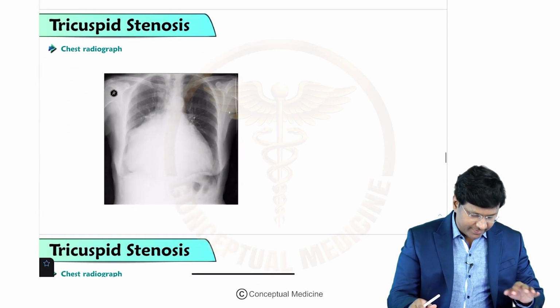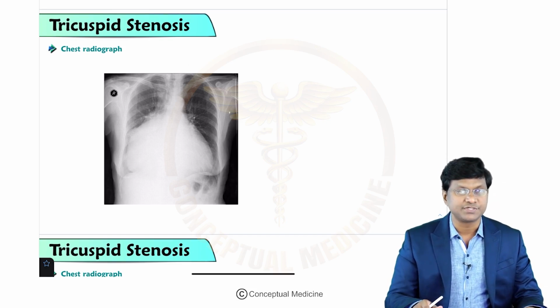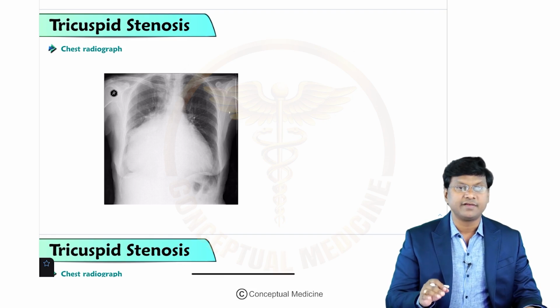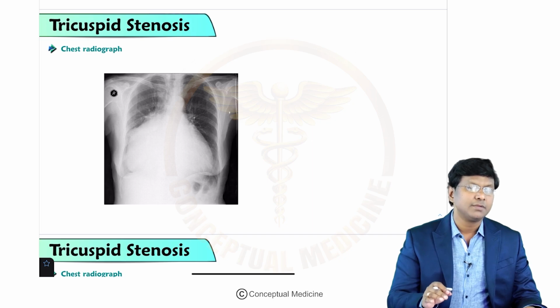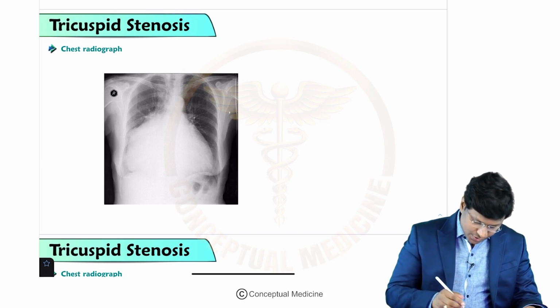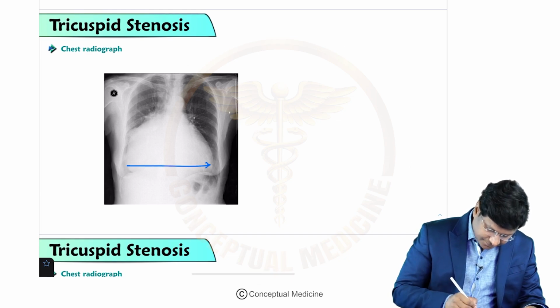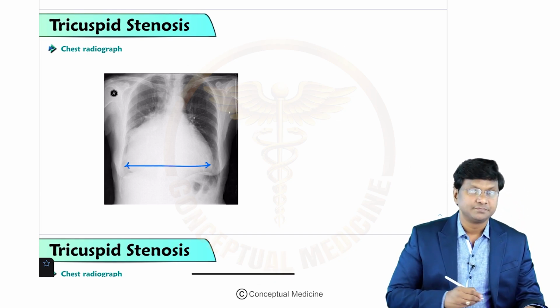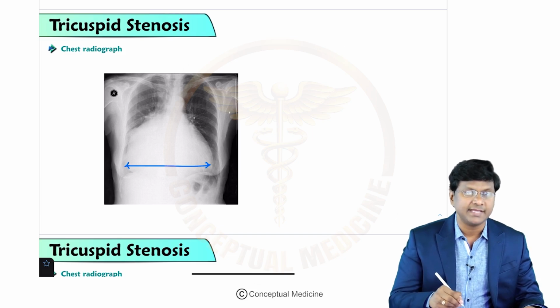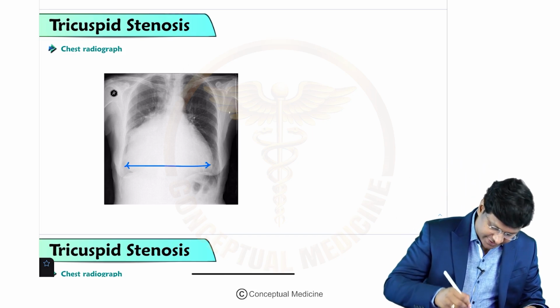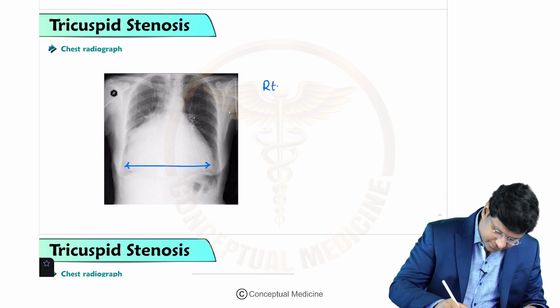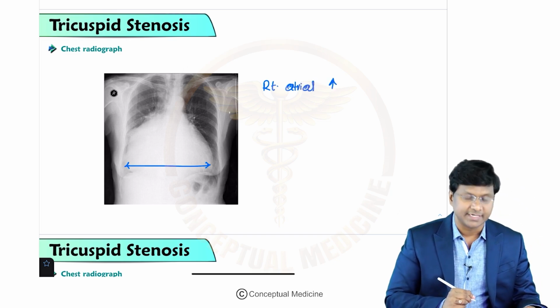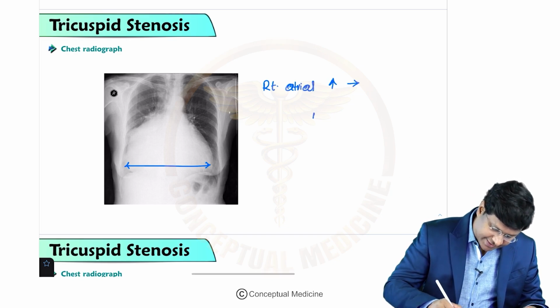Then what will be the chest x-ray in patients with tricuspid stenosis? The chest radiograph may show marked cardiomegaly with normal pulmonary artery size. This marked cardiomegaly is mainly because of the right atrial enlargement.